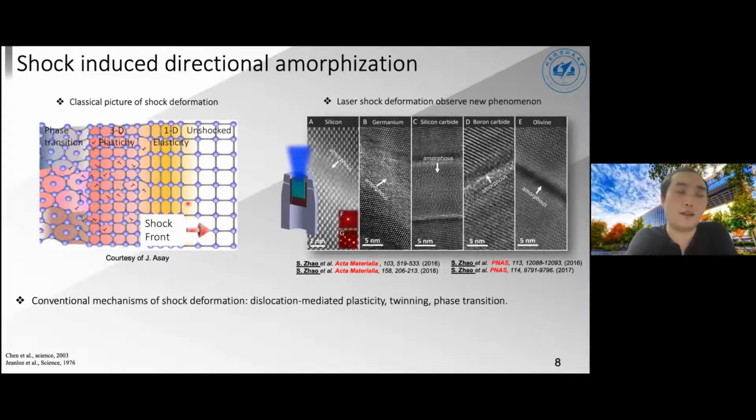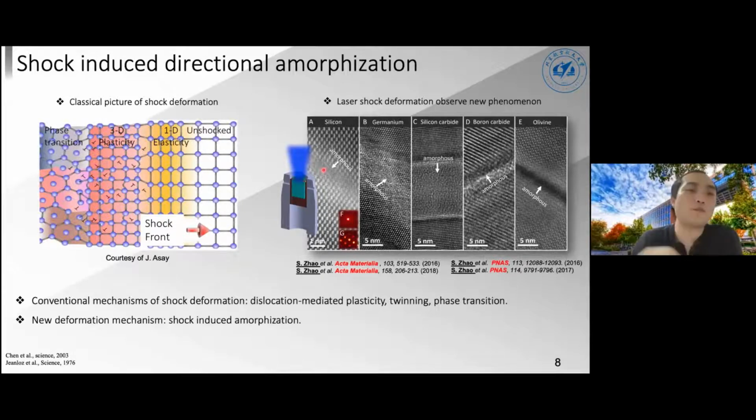the materials. Basically, we observed that beyond a certain shock pressure threshold, the material undergoes a very drastic phase transition from crystalline to a disordered amorphous structure. And if you look at the high-resolution TEM images of all these materials, the amorphous region shows a shear-band-like feature, which indicates again that shear stress plays a significant role in this process.